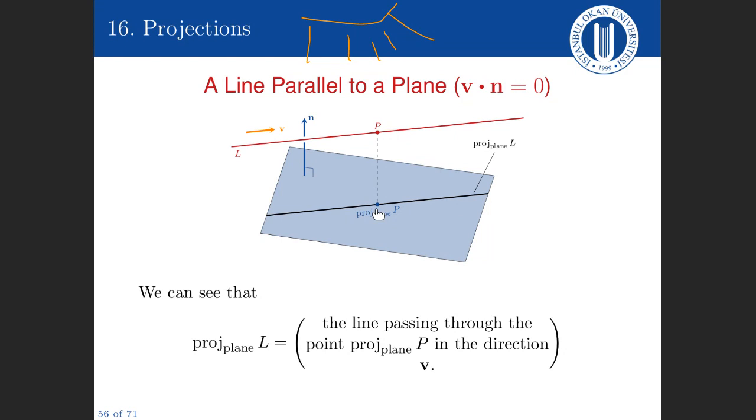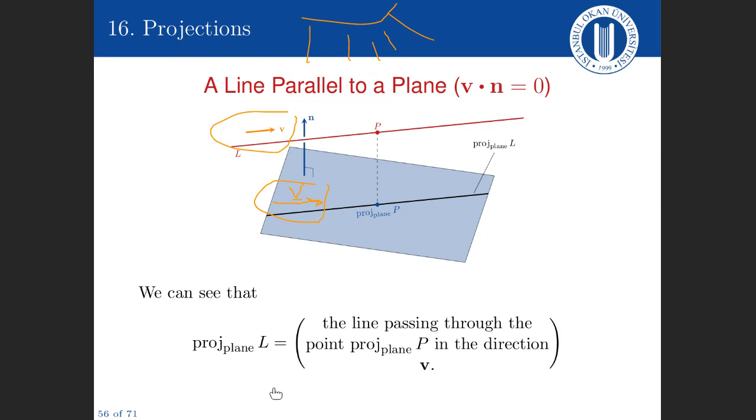The black line is passing through this point, the projection of P onto the plane, and the line is parallel to L. You have the same vector v here, the same vector because these 2 lines are parallel.